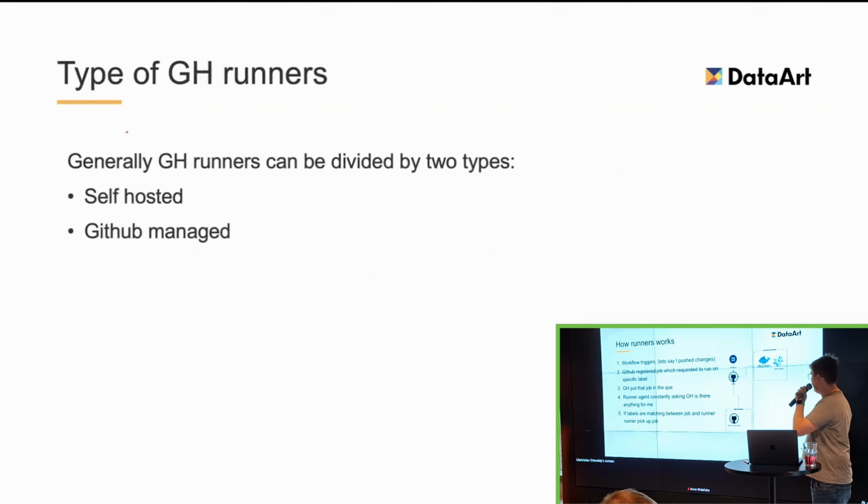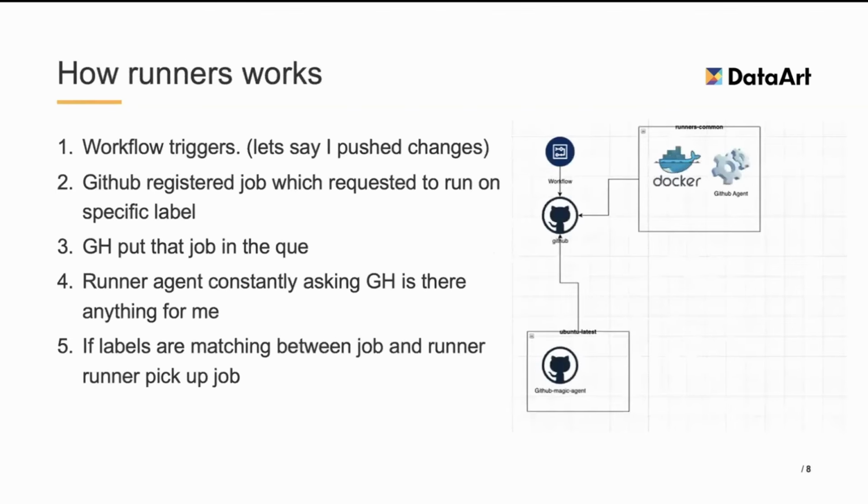So how do they work? We have the pipeline, just a simple YAML file: build that, deploy that, triggered when a pull request is created or a manual workflow is triggered. Then it sends an event to GitHub. GitHub picks up that event, creates a job, then looks at a label.